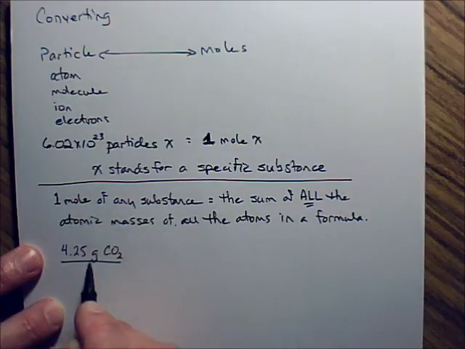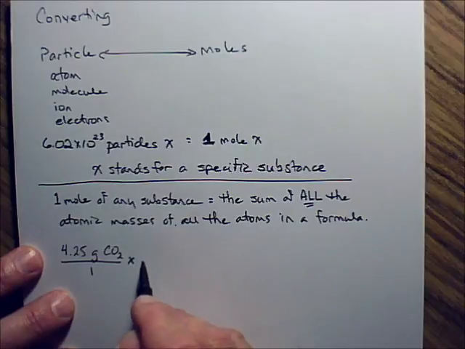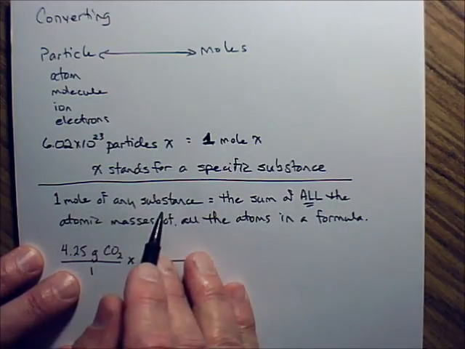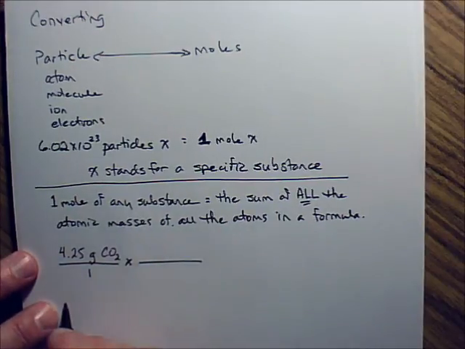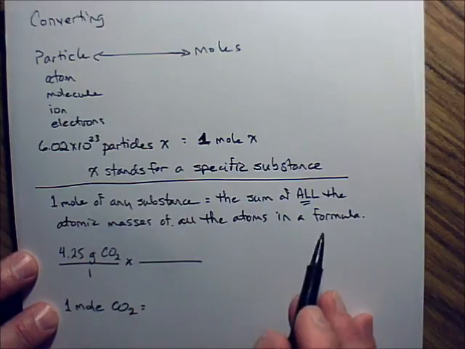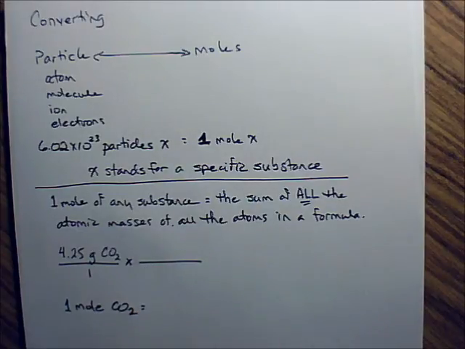But now we need a conversion unit to convert from grams to moles. This is a conversion problem. And we said that 1 mole of any substance, which means that 1 mole of carbon dioxide equals the sum of all the atomic masses of all the atoms in this formula.